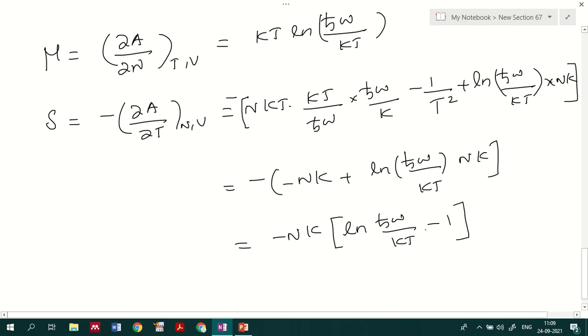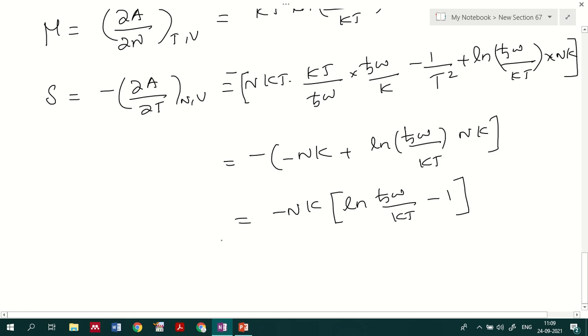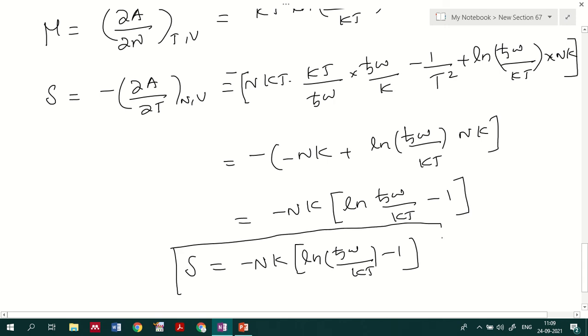So this is how I get it when I solve that. And now we'll have entropy S equal to minus nk ln h cross omega by kt minus 1. This is how we get the entropy representation corresponding to an harmonic oscillator case.